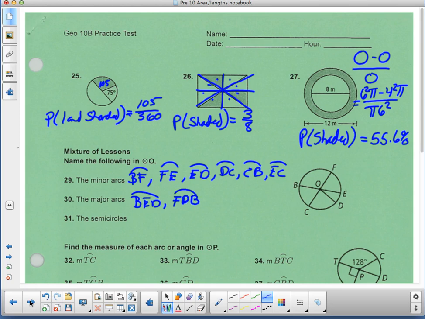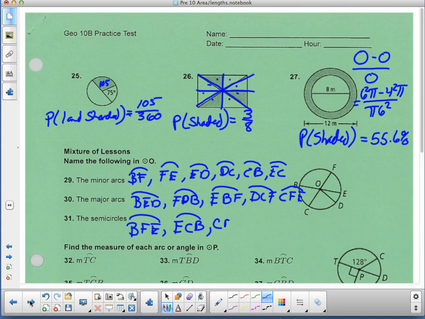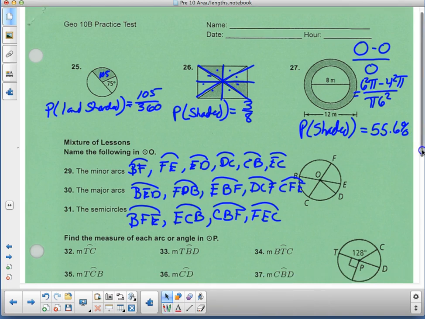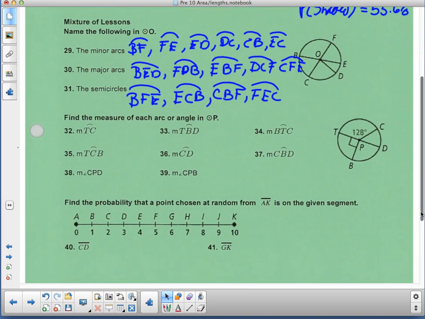That's a D. And this last one I got BFE for my semicircles, ECB, CBF, and FEC. Semicircles start and end at an endpoint of the diameter. Major arcs are more than 180 degrees. Minor arcs are less than 180 degrees.